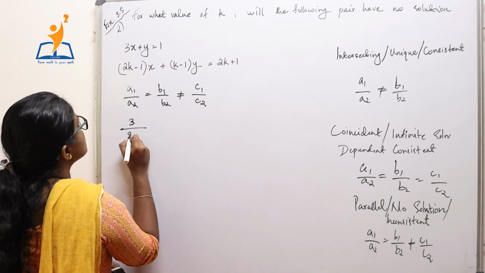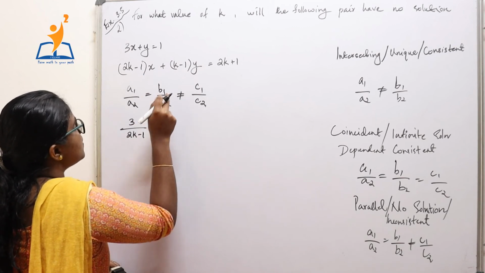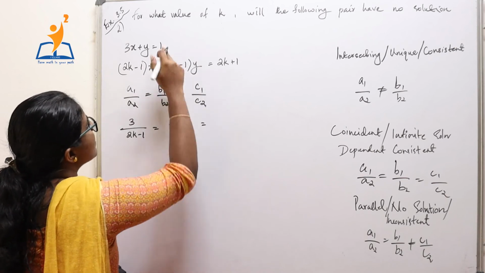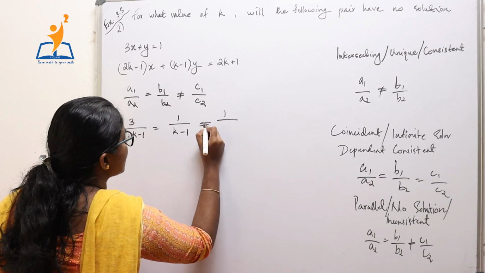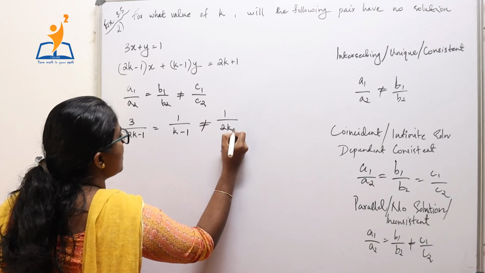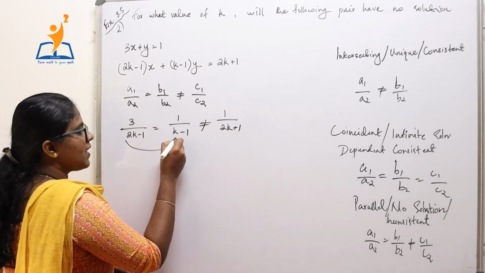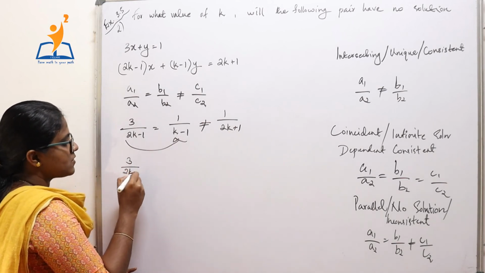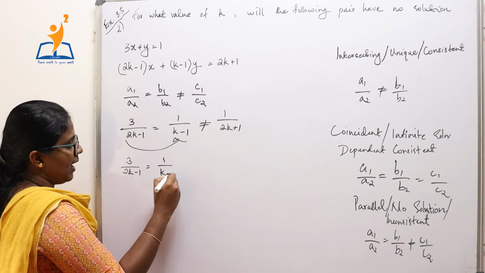So 3 by 2k minus 1 equals b1 by b2, 1 by k minus 1, which is not equal to 1 by 2k plus 1. Since the first two fractions are equal, we can equate them, that is 3 by 2k minus 1 equals 1 by k minus 1.